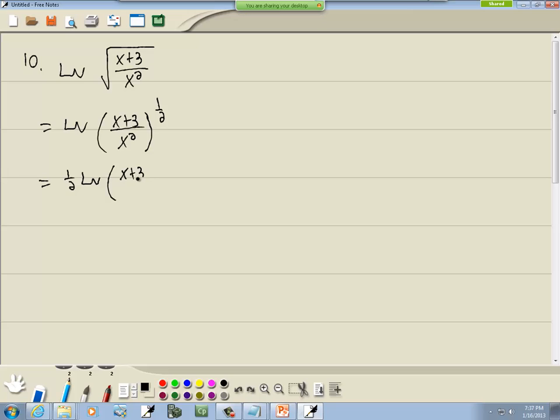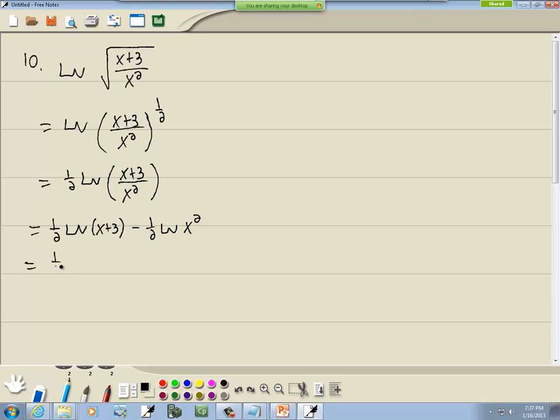Now as we rewrite the problem from here on out into separate logs, that 1/2 has to go out in front of every log. So now if I look at what's inside the parentheses, the main thing that's happening is division. So division becomes subtraction. So we got 1/2 natural log of x plus 3 minus 1/2 natural log of x squared. Now x plus 3 we can't break down any, but the x squared, I can take that power and put it out in front.